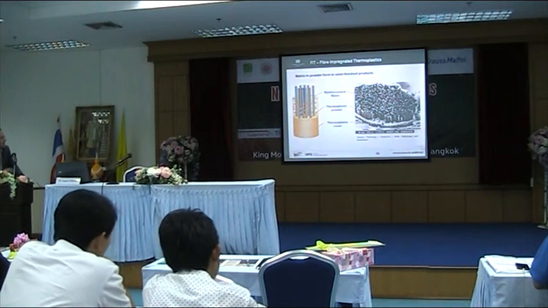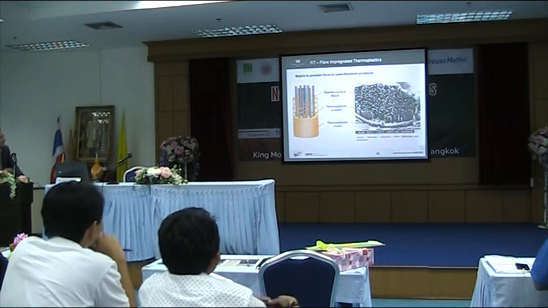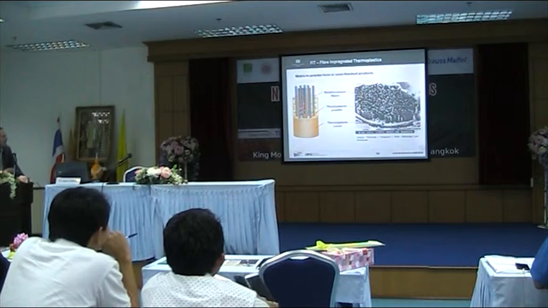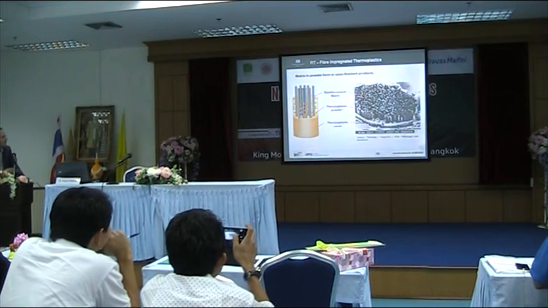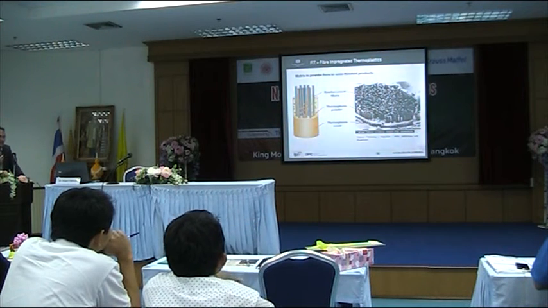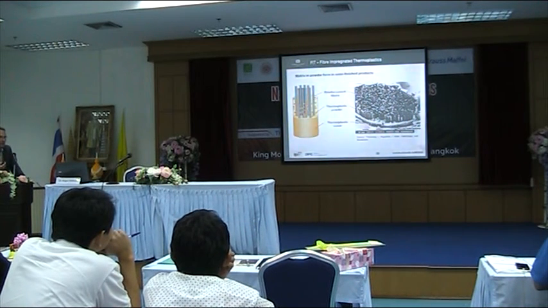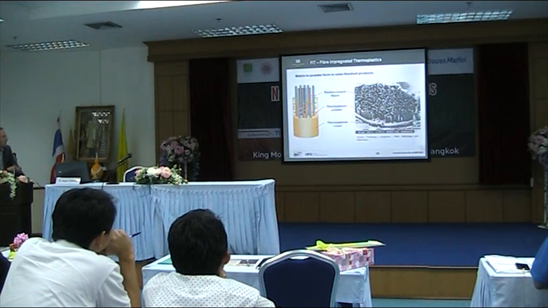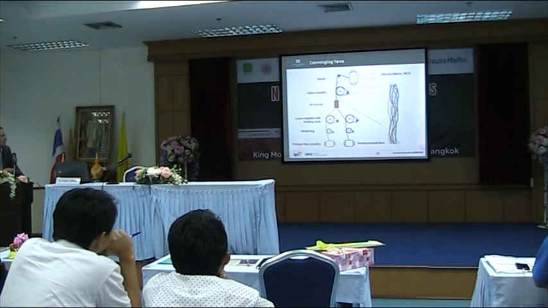Another way is to impregnate not the whole textile prepreg, but make so-called fiber impregnated thermoplastics. You take the yarn and try to get the matrix already in the yarn in the form of a powder or a thermoplastic cover. Okay? So then you have a hybrid yarn already, and then you can go into the textile process. You do not have to impregnate the whole textile, but you do this already before in the yarn process.